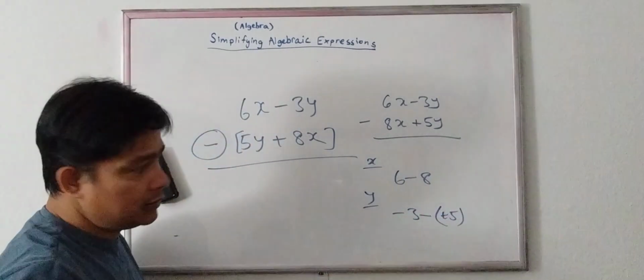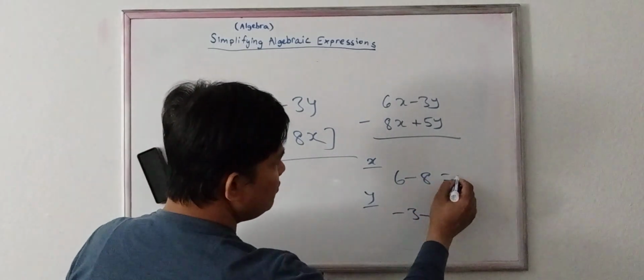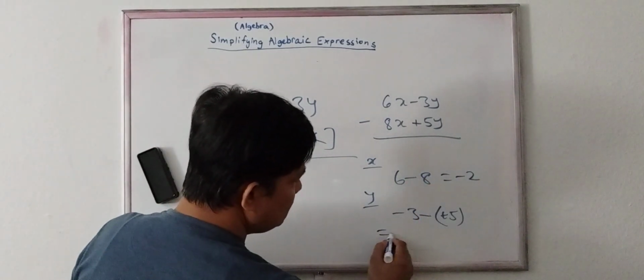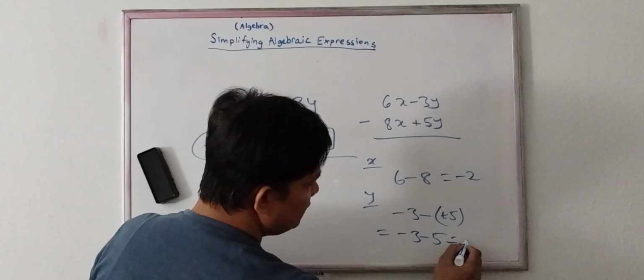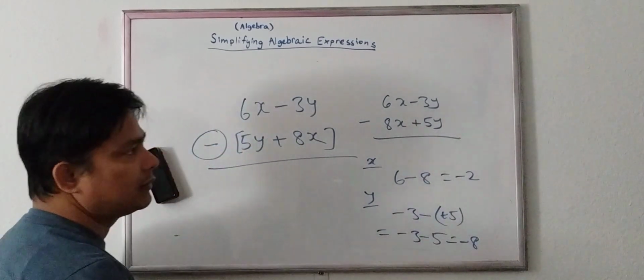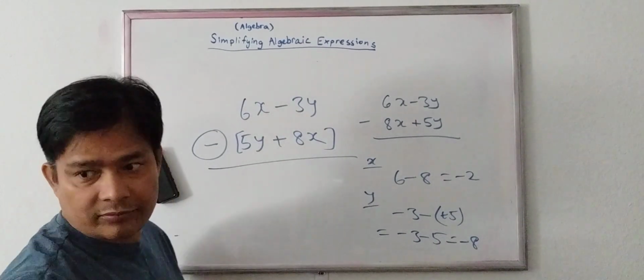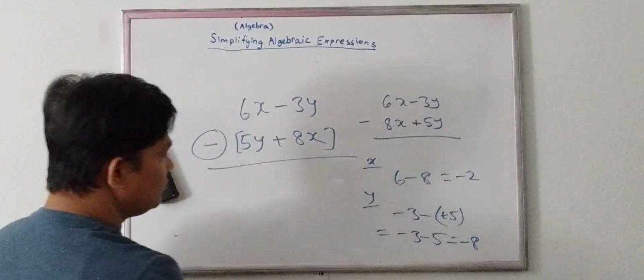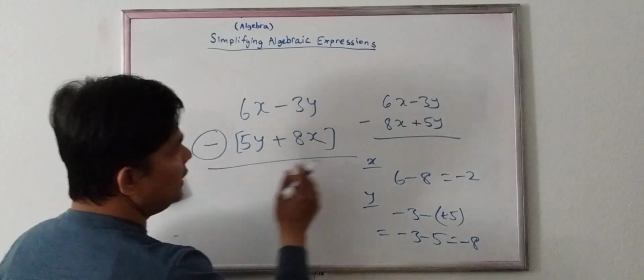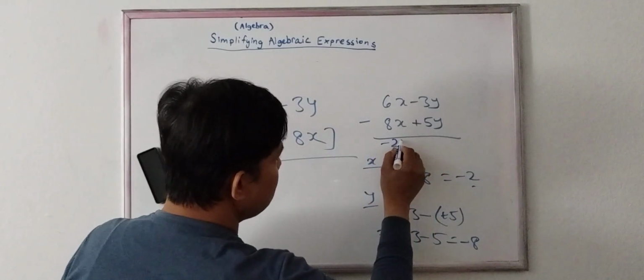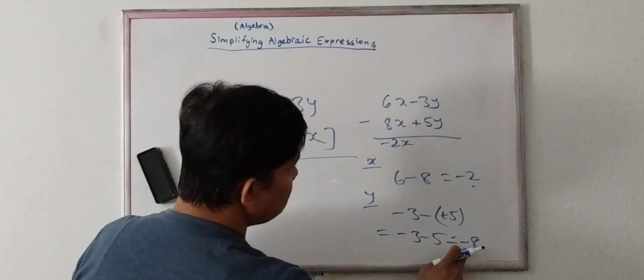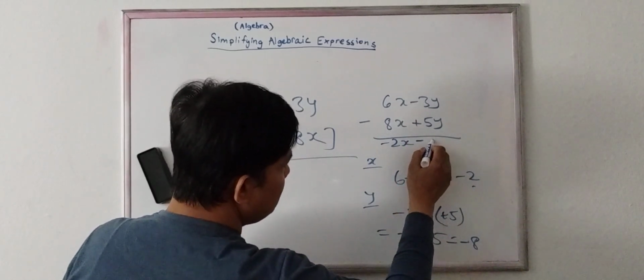Correct? So 6 minus 8 is minus 2. And here minus 3, this will become minus 5, which is minus 8. Got it? So here, what is the sign of this guy? Minus 2x. And what is the sign of this? Minus 8y.